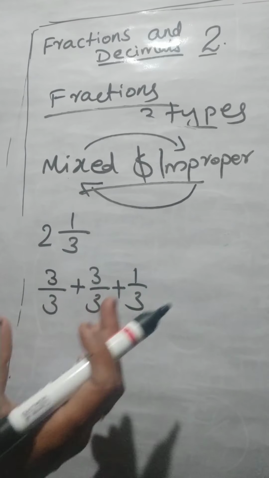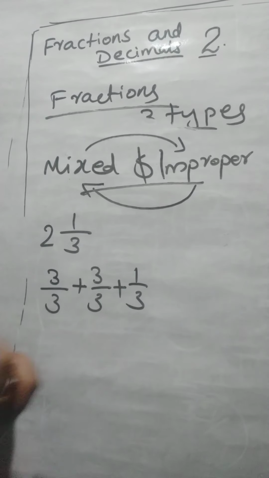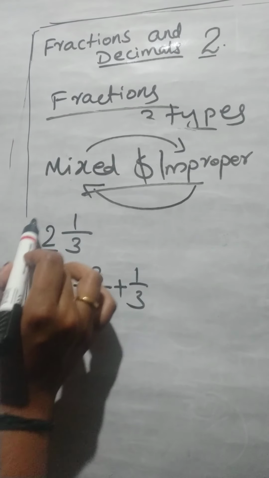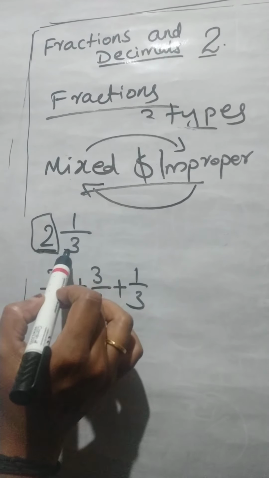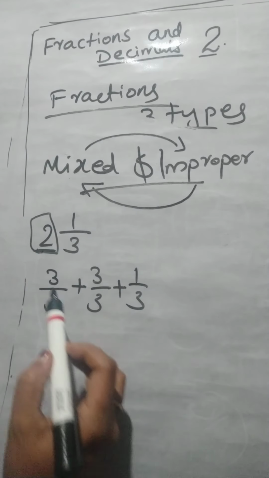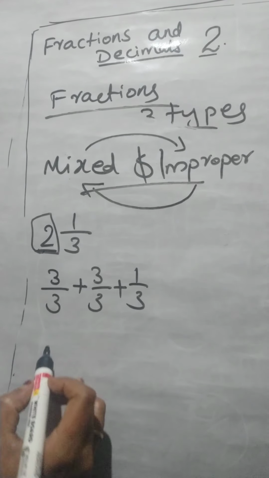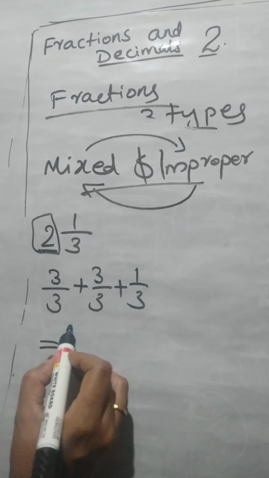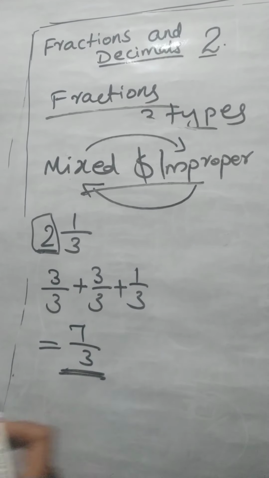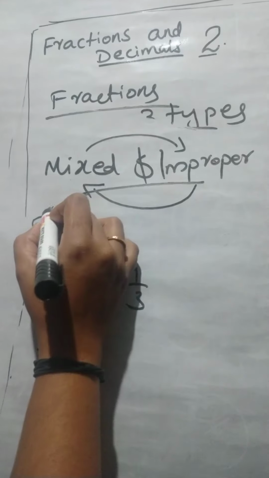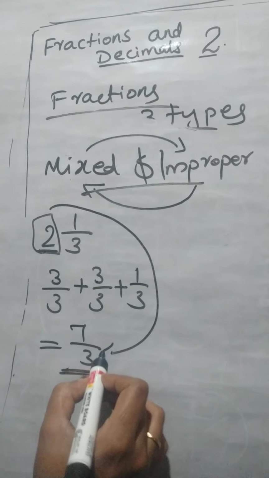That is 3 upon 3 and 3 upon 3. 2 times completely you got. Next you got 1 more piece. That is 1 upon 3. So total how many pieces you got? That is 3 plus 3, 6. 6 plus 1, 7 upon 3. This way we have changed a mixed number into an improper fraction.